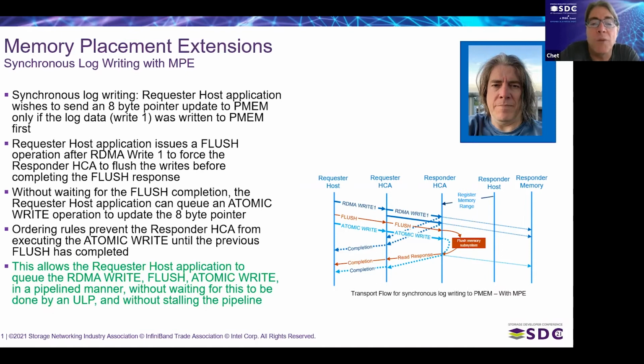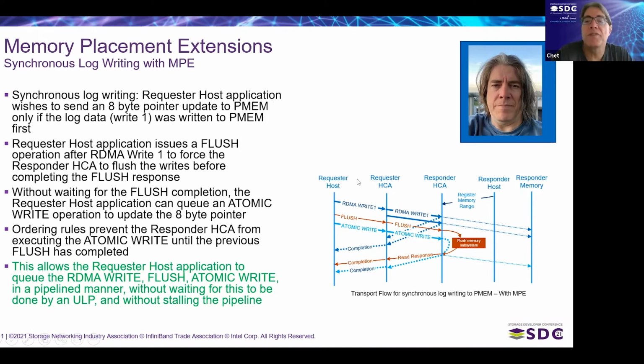So you don't need an upper layer protocol. You don't need to queue up some work item to software and have it do some work for you. So boom, you get RDMA write, flush, atomic write on the wire, one right after the other with no stalls and no waiting. And this is what I mean by pipelined operations.